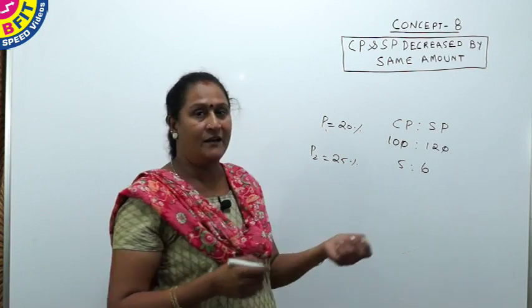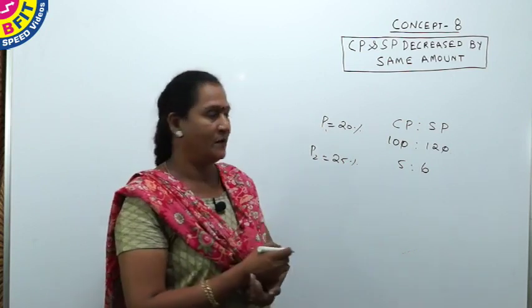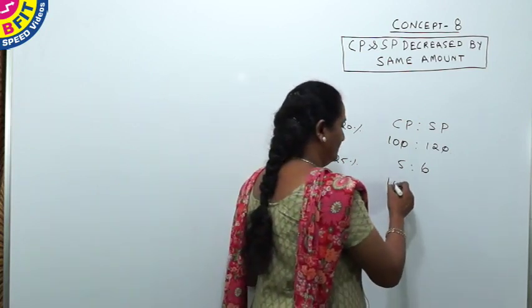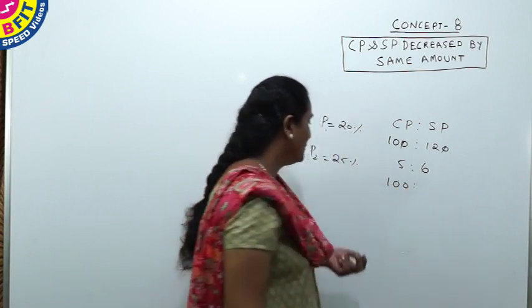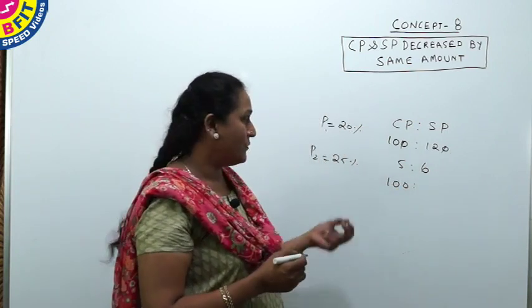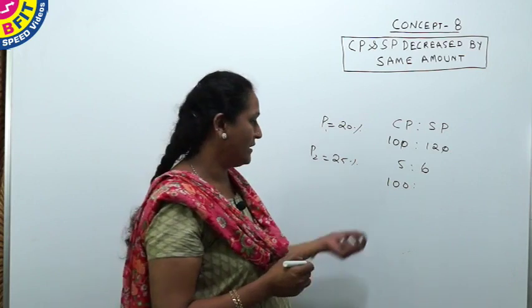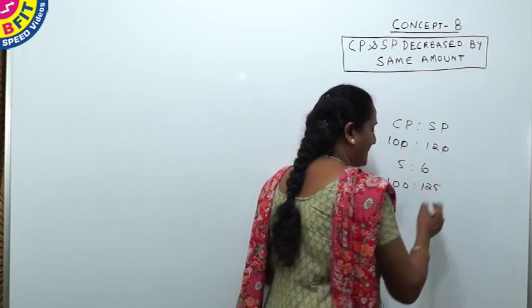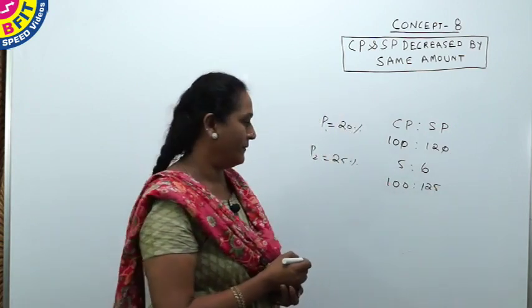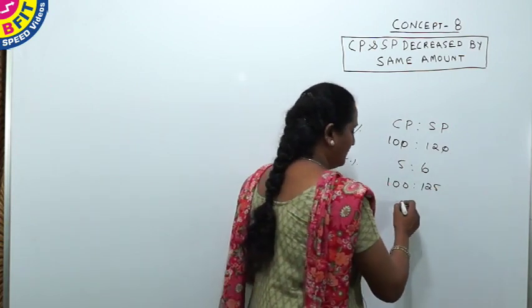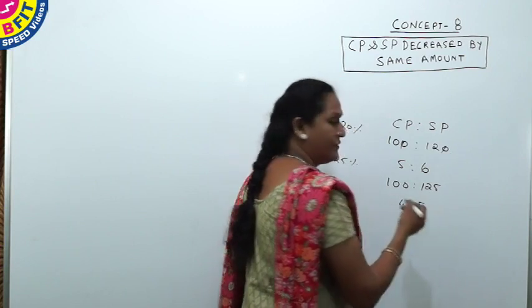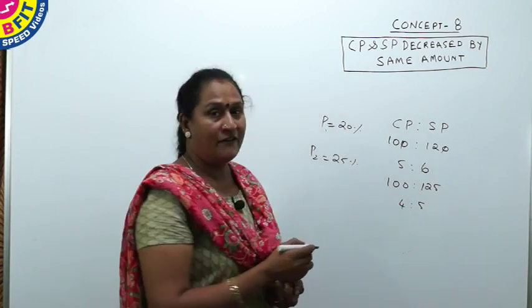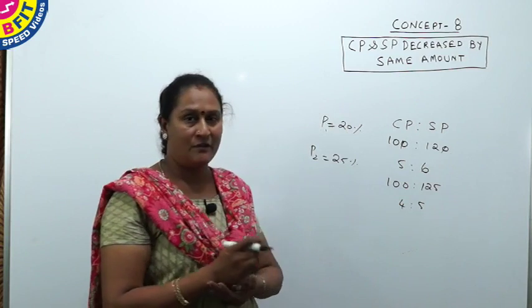With this we'll write another ratio for cost price and selling price. For 25% profit, the cost price we take as 100, the selling price is 125. So now the ratio is 4:5. Working with ratios will be very easy.